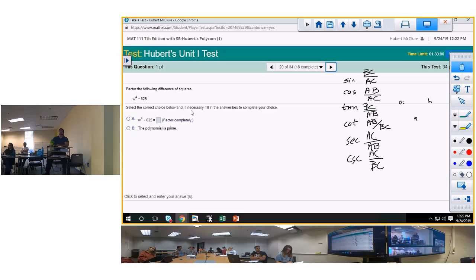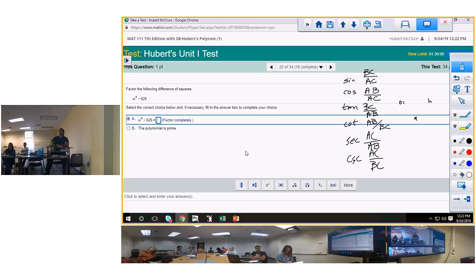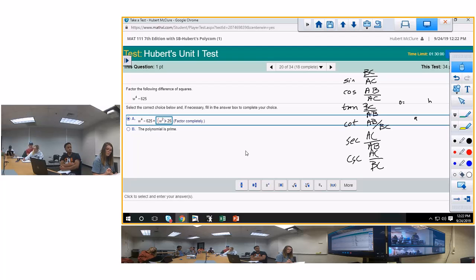And which one is this one? Difference of 2 squares, which you may have to do twice. So that's going to be W squared plus 25 times, I have to put parentheses. Now be careful here.